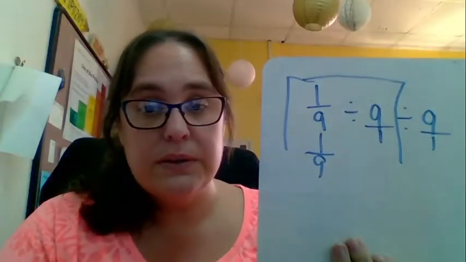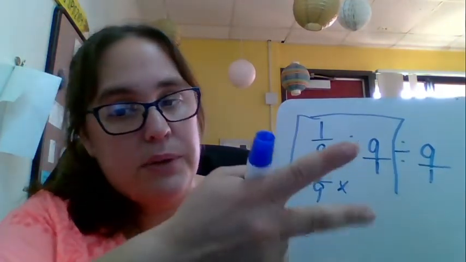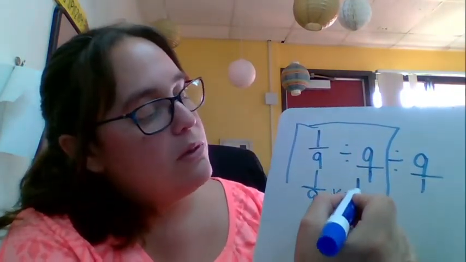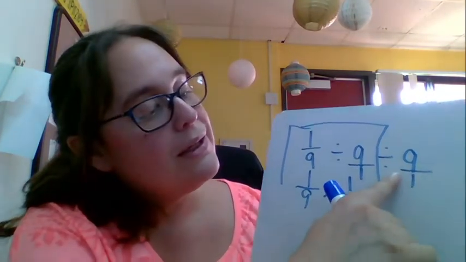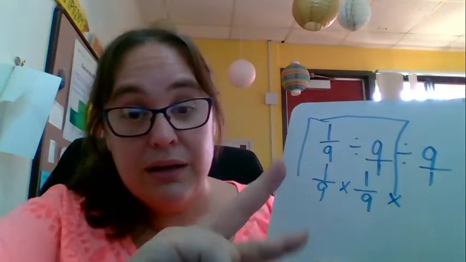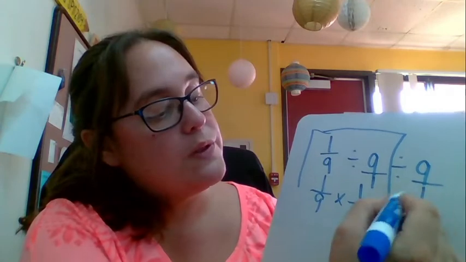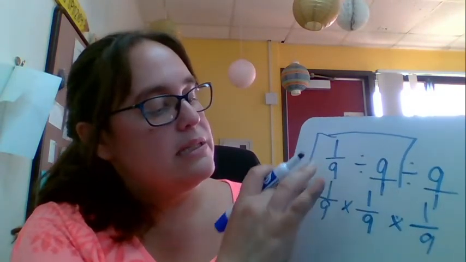So let's zoom in a little closer here, right? So I'm going to multiply by the reciprocal. So this becomes 1 over 9. I might as well keep going, don't you think? I'm going to multiply by the reciprocal. So I'm going to flip this around here too. I'm going to erase some of these lines here so you can see better.